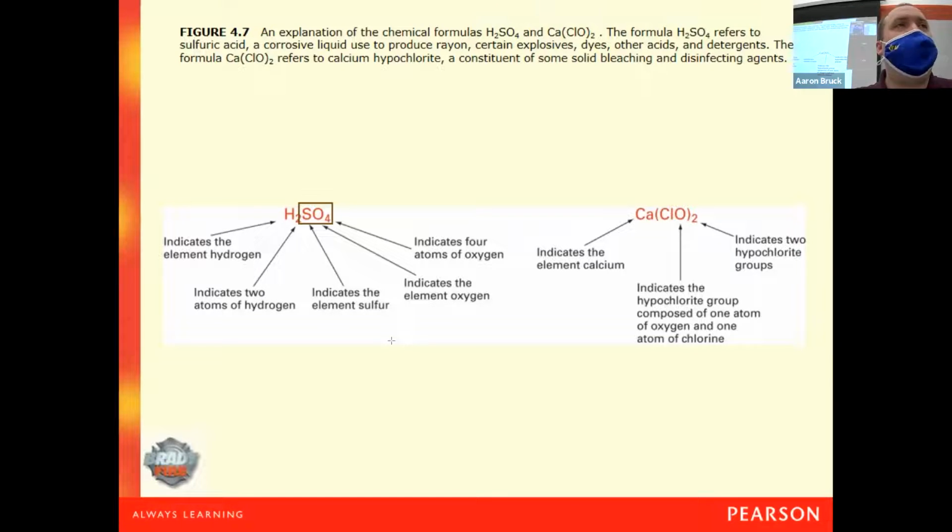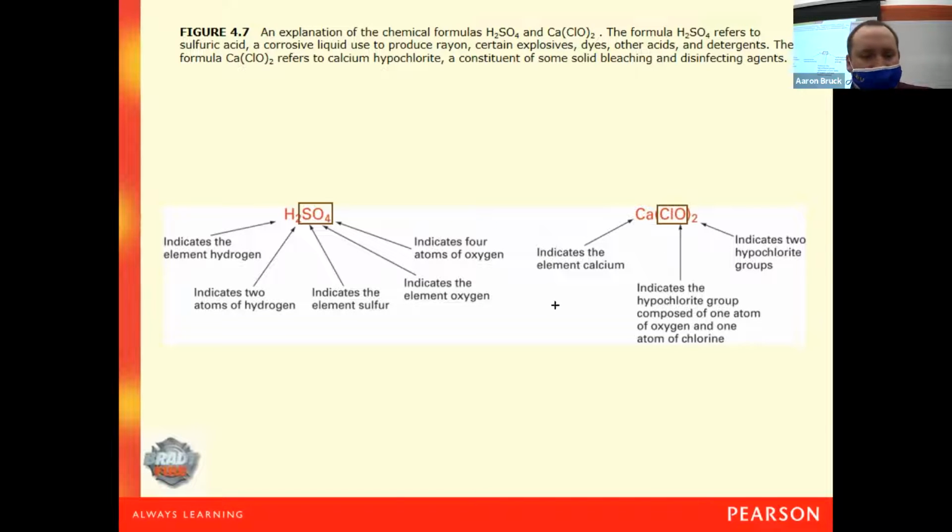For the second substance, we're talking about something called calcium hypochlorite. We can see similar kinds of ideas here. Again, by putting it in parentheses like that, that tells us that the hypochlorite ion is composed of a Cl atom and an O atom, a chlorine and an oxygen, bonded together in a 1-to-1 ratio. Now, this happens to be an ionic compound.